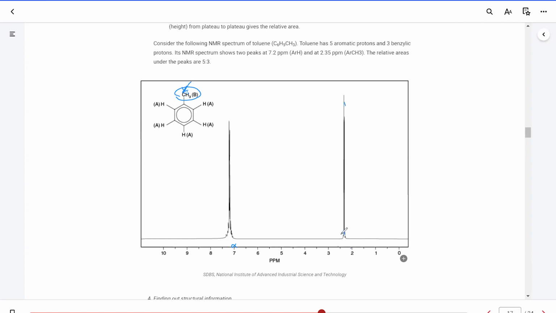We have a signal that is showing for that CH3. And the signal between 7 and 8 shows the aromatic hydrogen. So these are A hydrogens, and this one is B hydrogens that we have here.